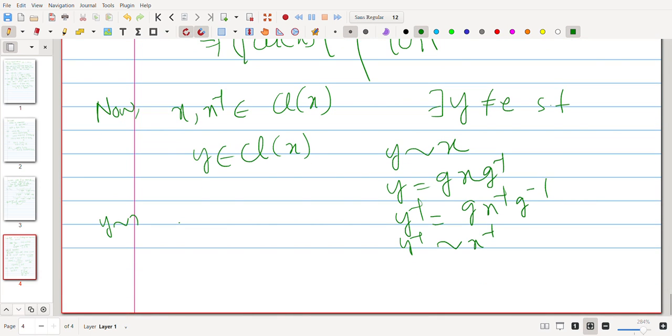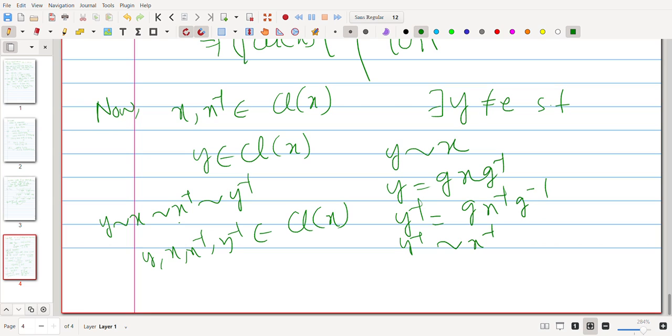So in particular, Y is conjugate to X, which is conjugate to X inverse, which is conjugate to Y inverse. That means X, X inverse, Y, Y inverse all belong to the conjugacy class of X, right? So if you choose any non-identity element in the conjugacy class of X, you will always find that that element's inverse also belongs to that conjugacy class of X, right?